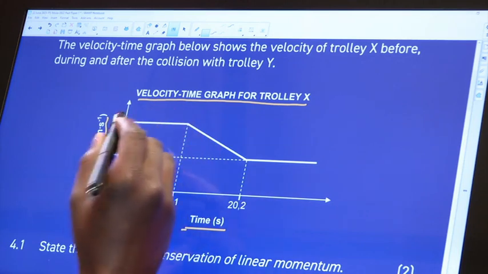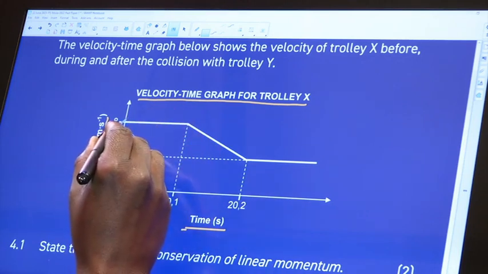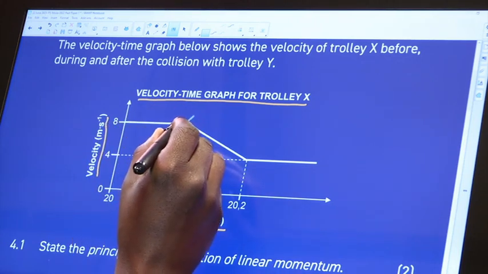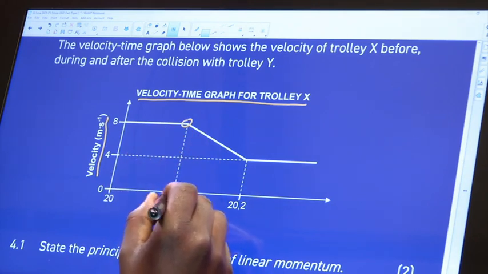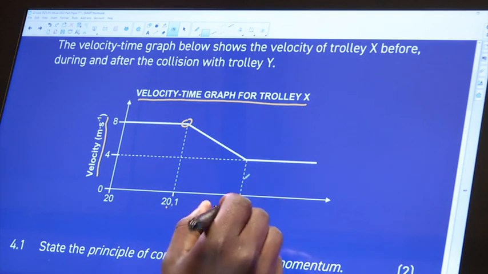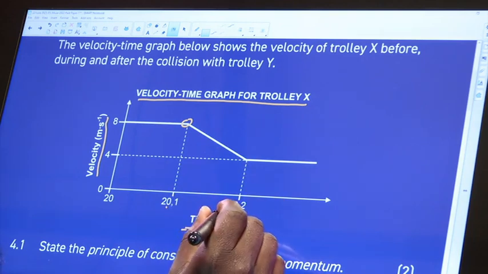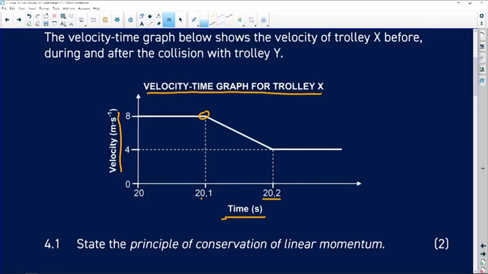Now X was moving at 8 before the collision, then 4 during the collision, and after that we have 20,2 as the time here. So the velocity decreased. We don't know the velocity during the collision, but we should know it because it is 4. So it decreased in velocity.